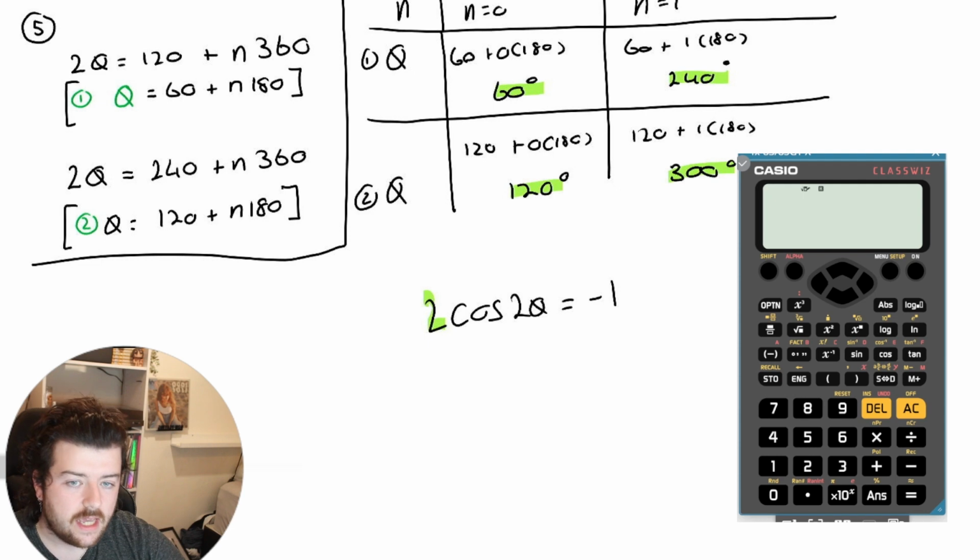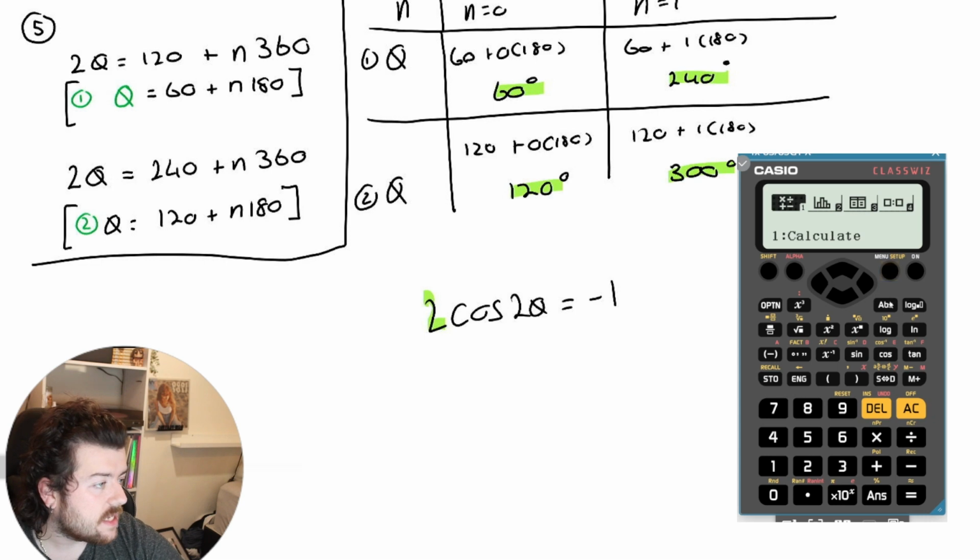So let's see if all my solutions up here work: the 60, 240, 120, 300. So open up a calculator, make sure it's in degrees. So just shift, set up.